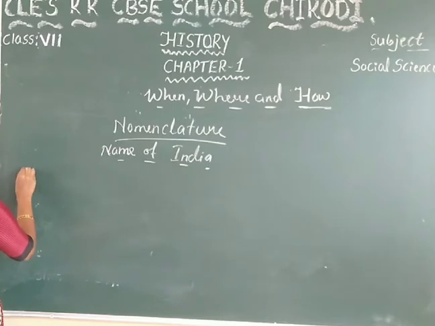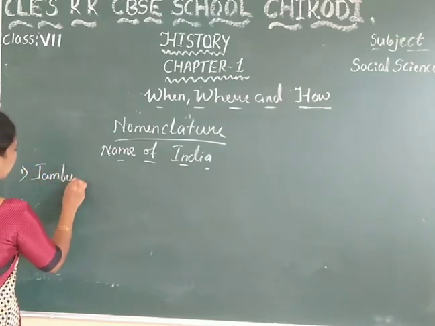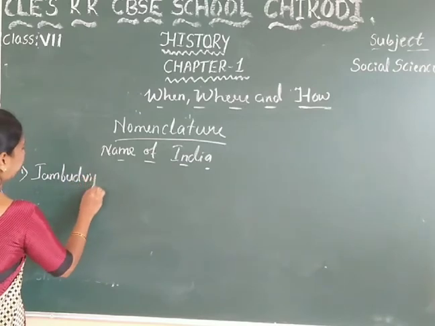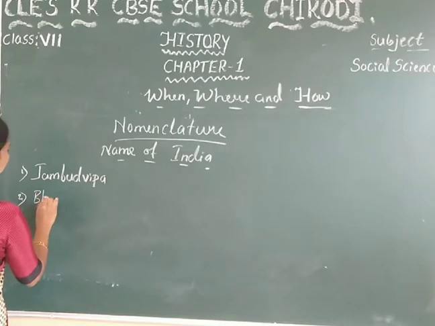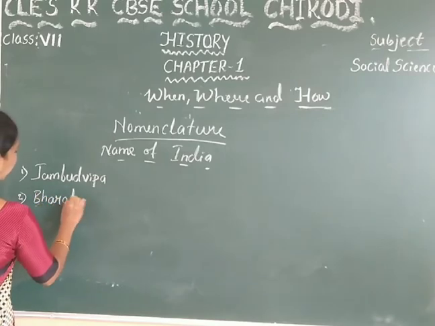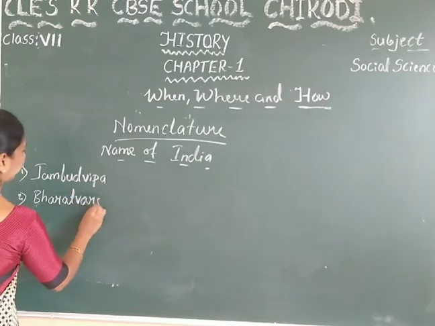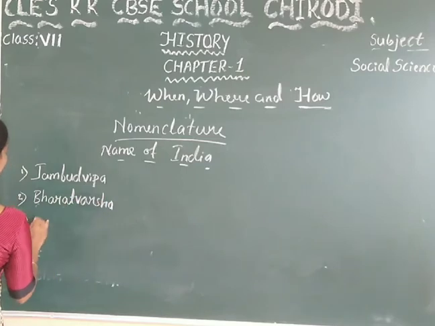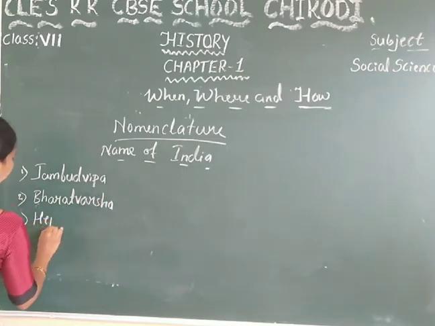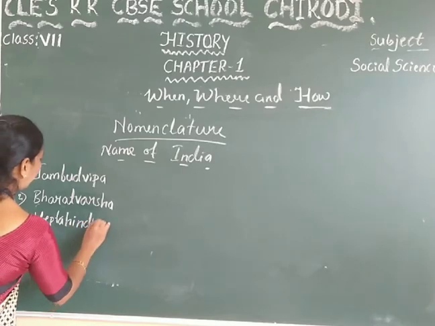So the first name is Jambudvipa. And second, Bharatavarsha. And next, Hepta Hindu.